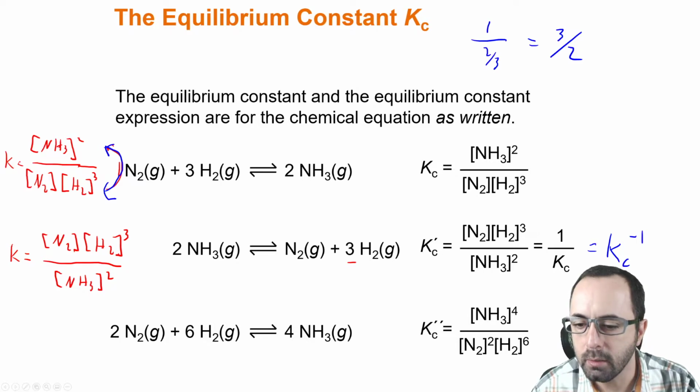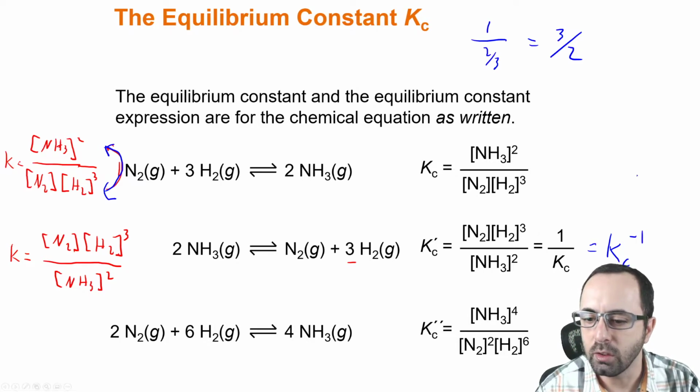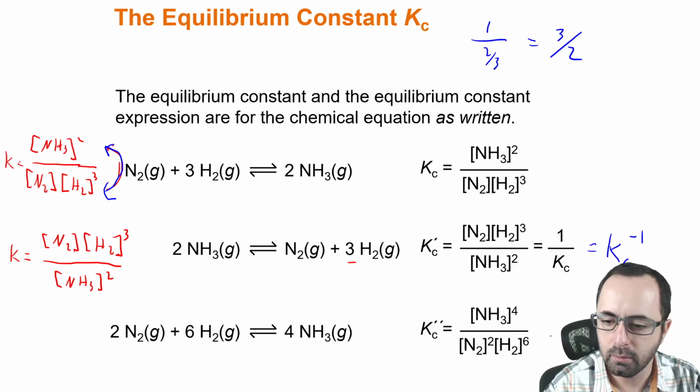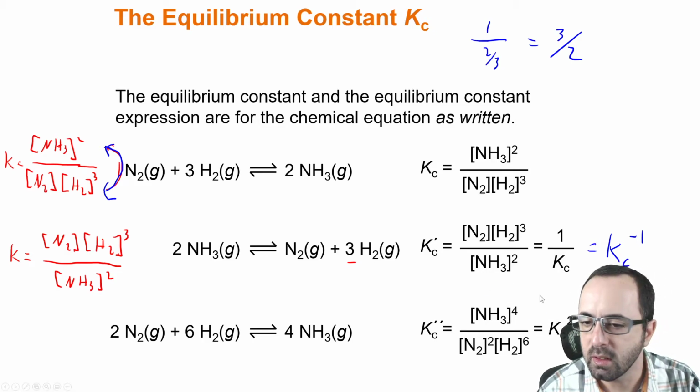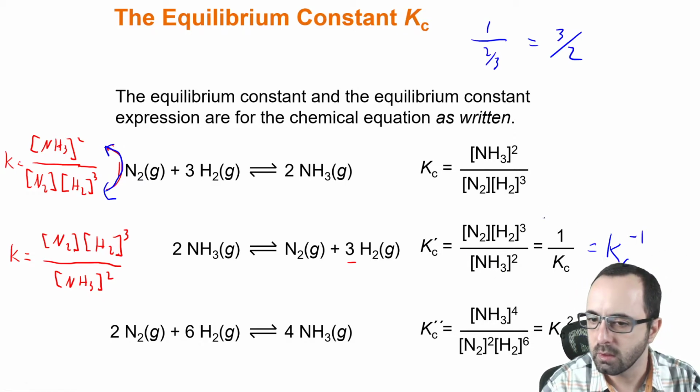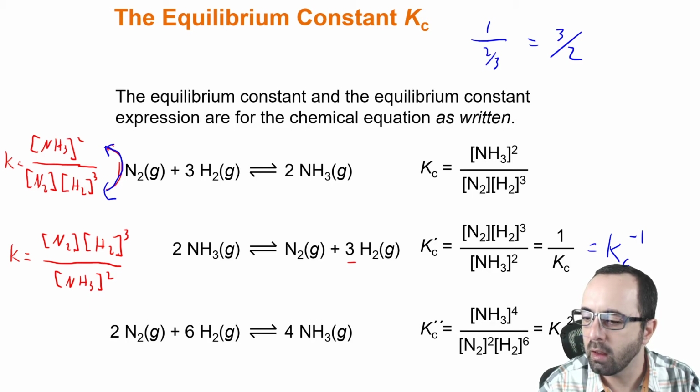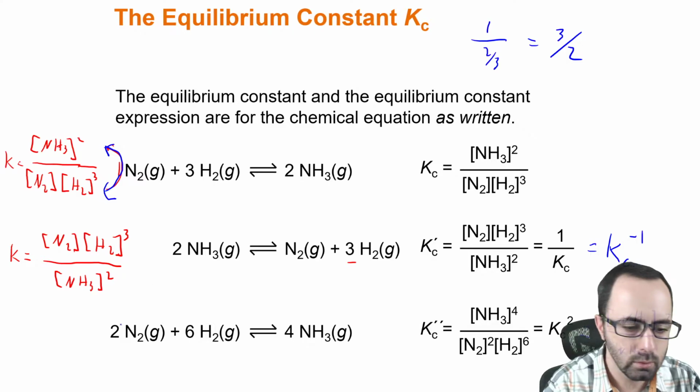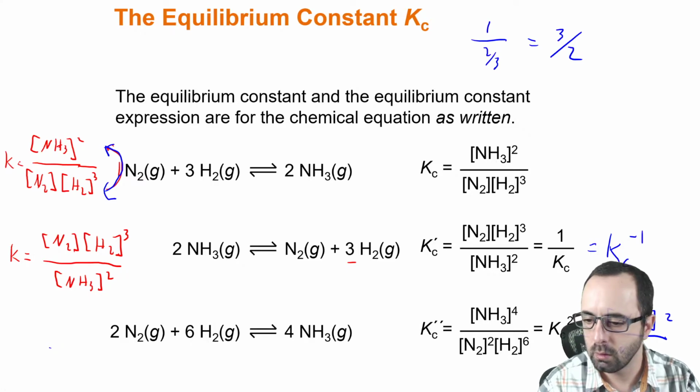But what you'll notice here is that this is actually the same as Kc squared, meaning this is Kc here, NH3 squared over N2, sorry, and this is to the 1st power here, H2 cubed, and then we square that whole thing.